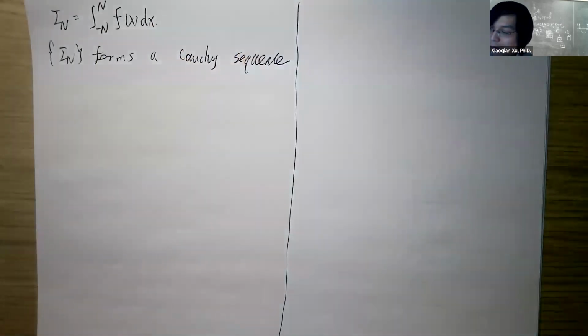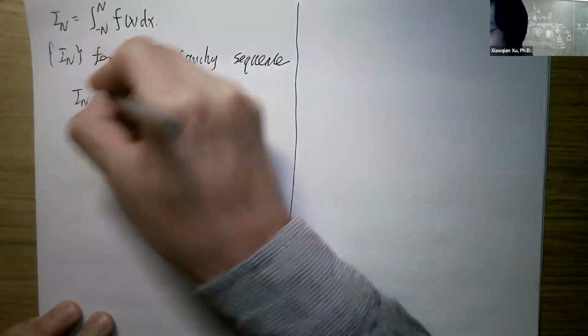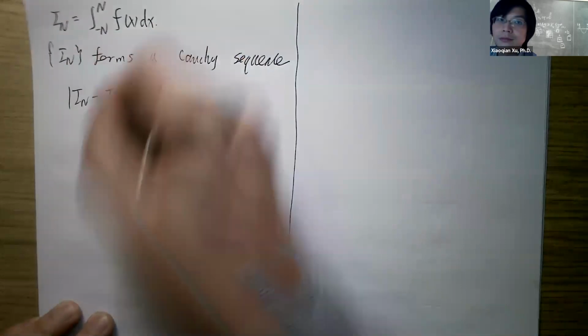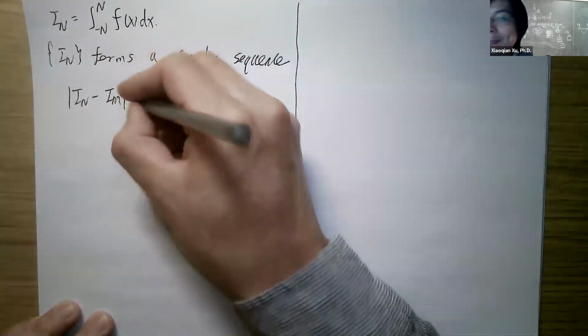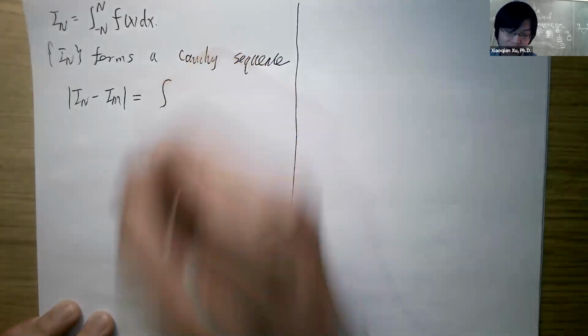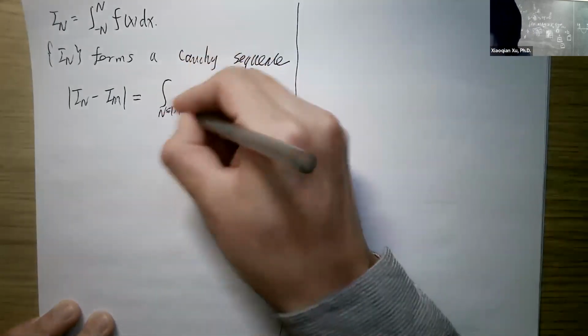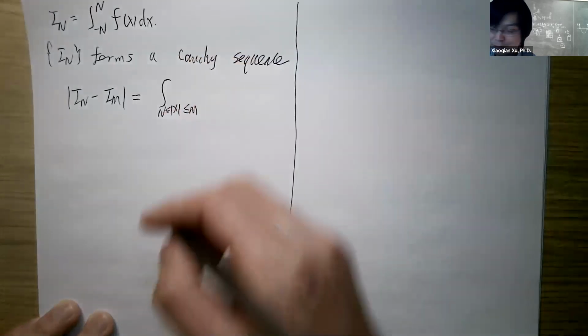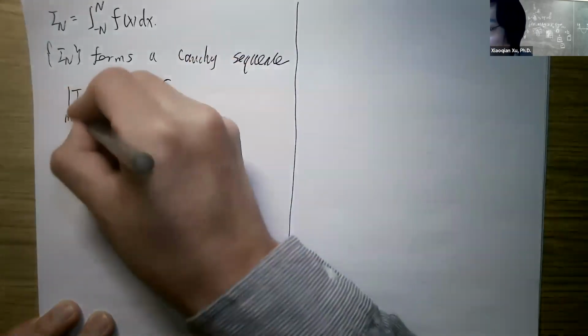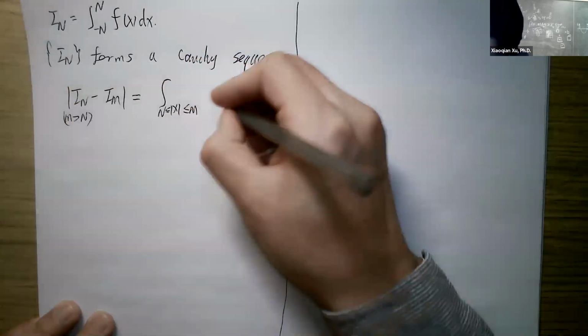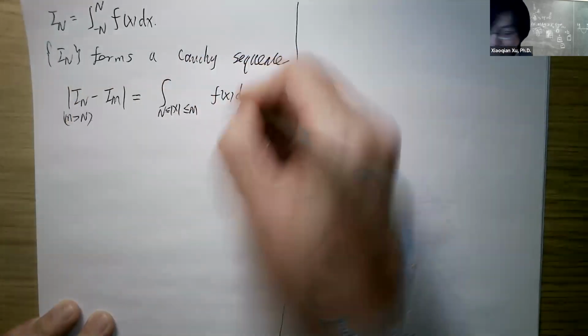right? Because I_n minus I_m, if n and m are big enough, can be written as you take the integral over x greater or equal than n, less or equal than m, suppose m is greater than n, of f(x) dx.